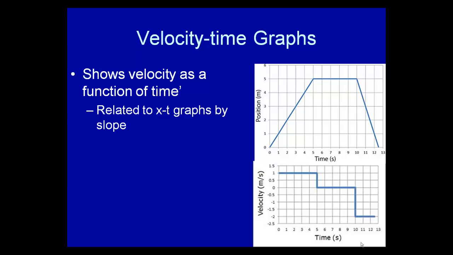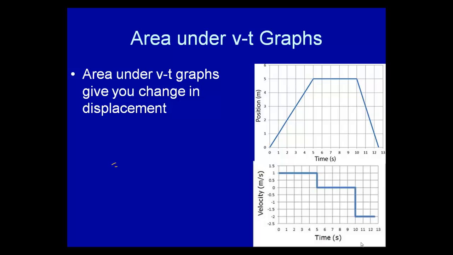From 5 seconds to 10 seconds, it's at rest, so the speed is 0. And then the speed from 10 seconds to 12.5 seconds is negative 2 meters per second. So they're actually related. Key thing to remember, a negative velocity is a negative slope. That's why that last area is negative.